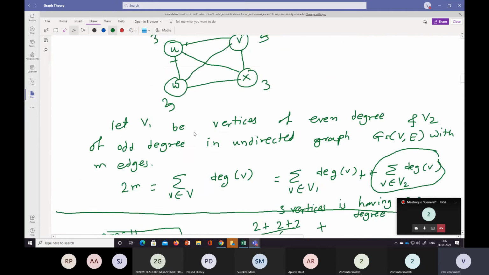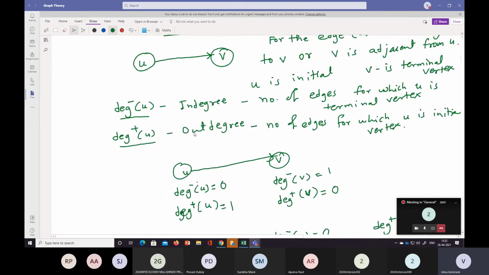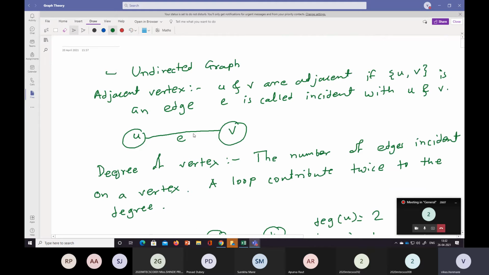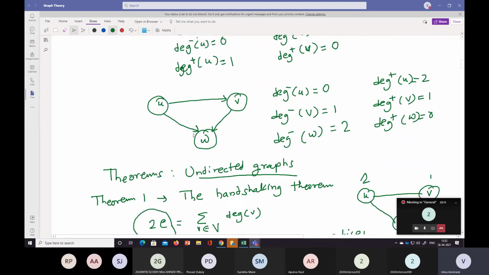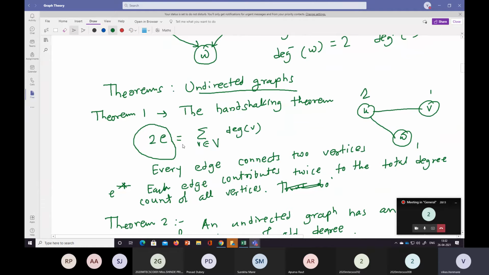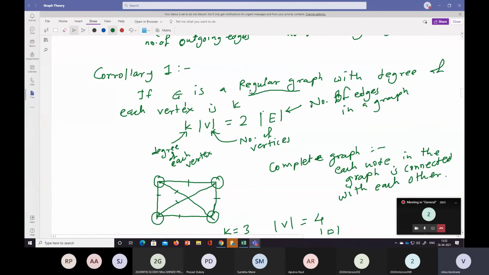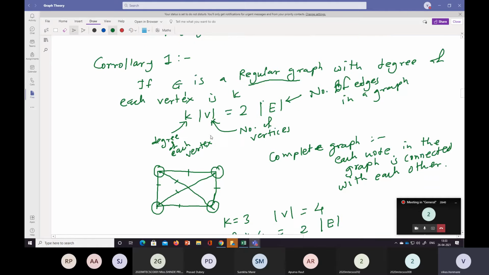Again we go to that handshaking theorem. 2e is equal to summation of degrees of all vertices. Okay, so that is the theorem. That same theorem we use for this corollary one. If G is a regular graph with degree of each vertex k, then k into number of vertices is equal to 2 into number of edges.